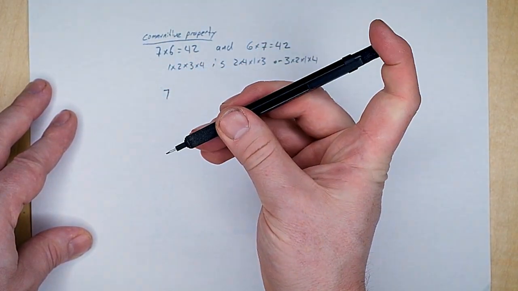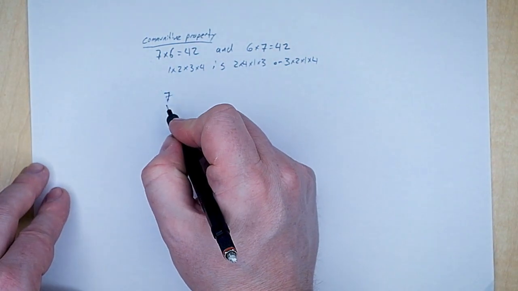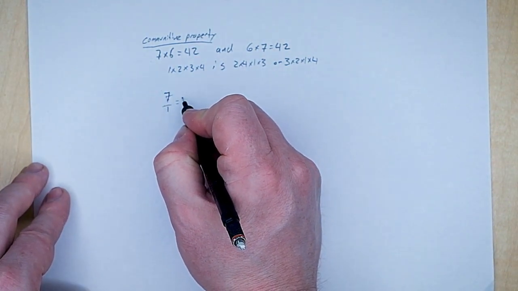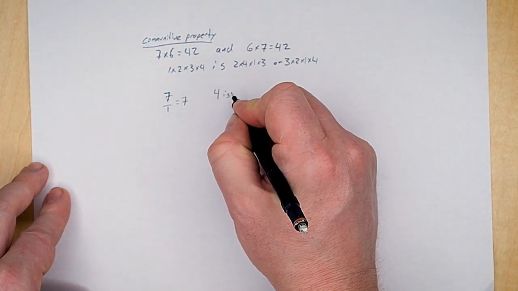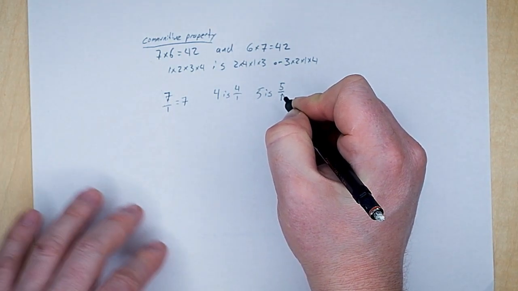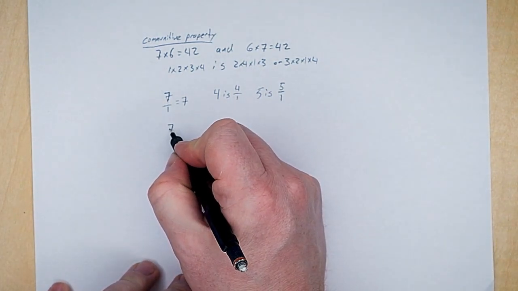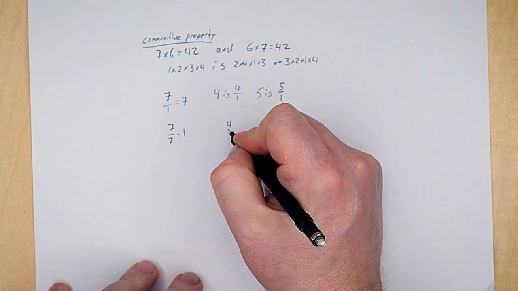Another useful math fact, any number divided by 1 is itself, so 7 over 1 is equal to 7, 4 is the same as 4 over 1, and 5 is the same as 5 over 1. Sometimes it's useful to express a number as a fraction by putting that number over 1.